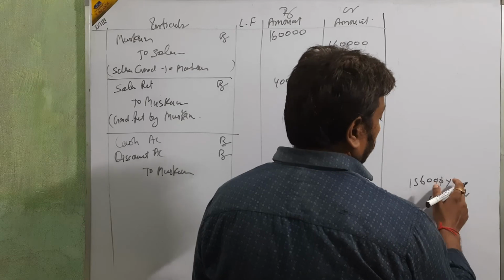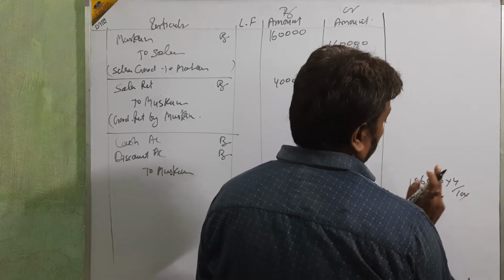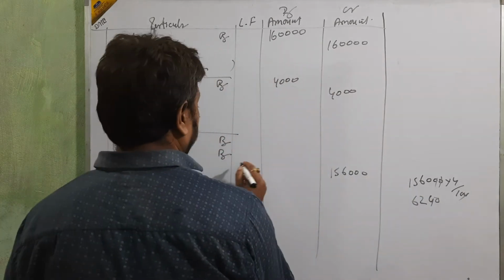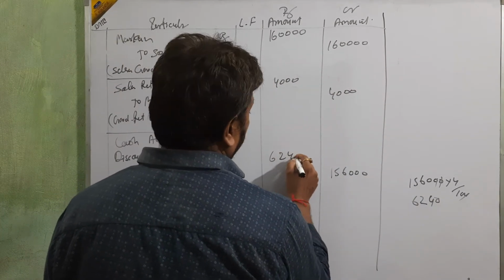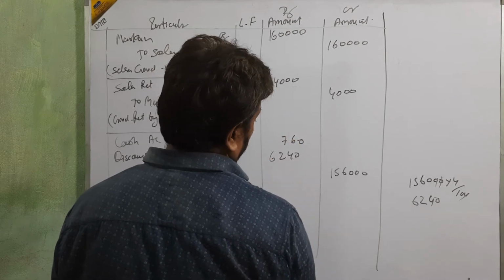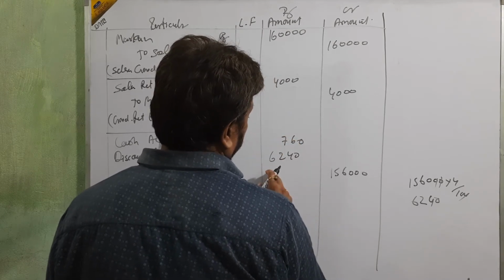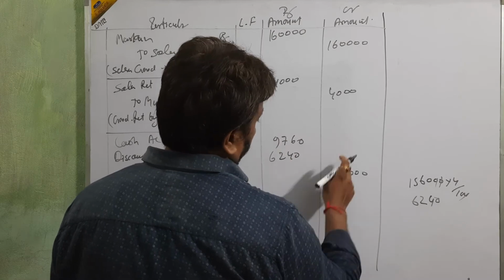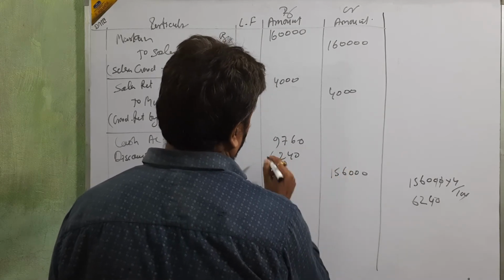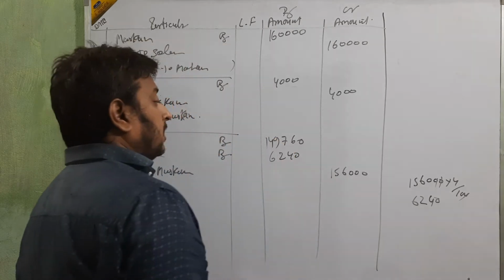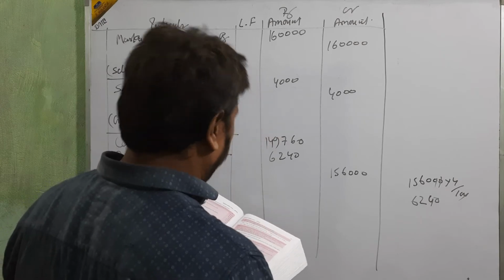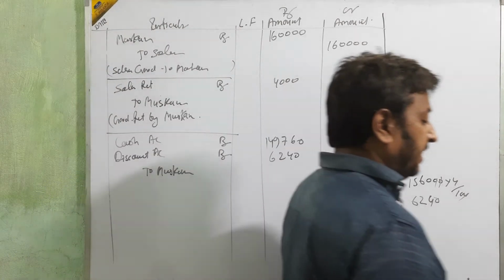It means discount 6,240, and here 1,49,760. Okay. Now all the amount is coming.